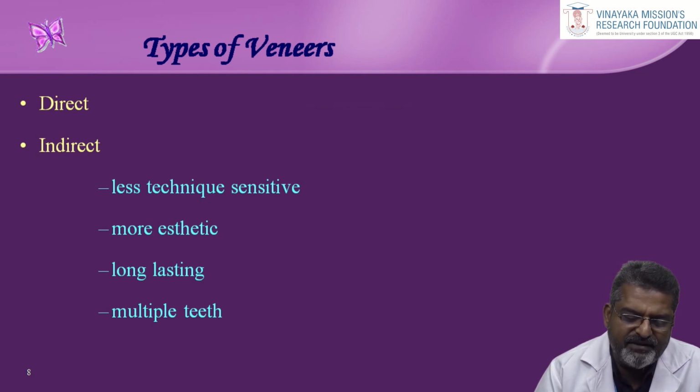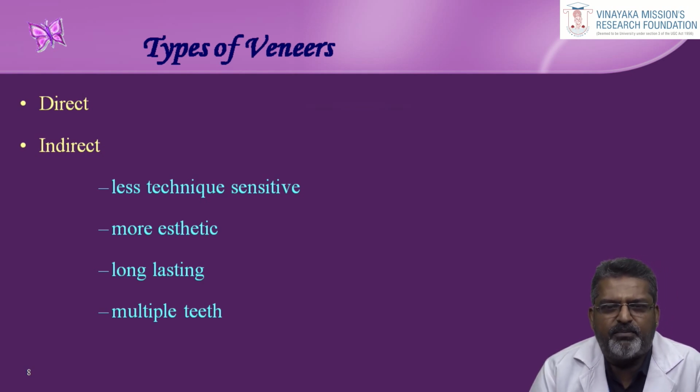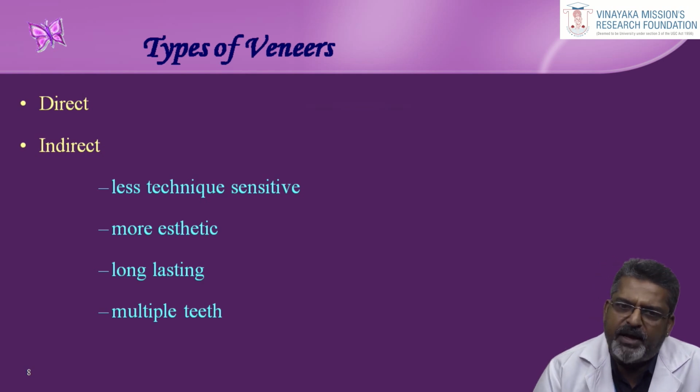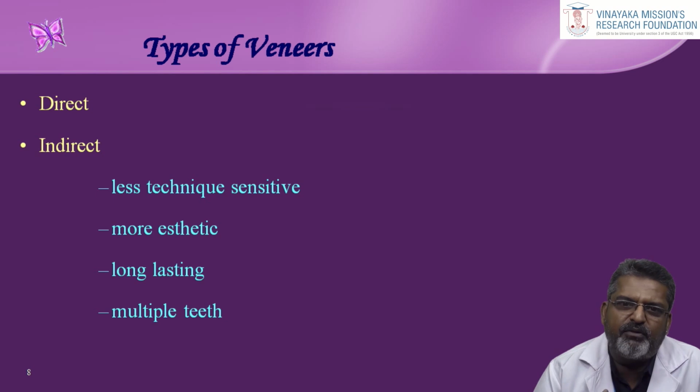Second is more aesthetic. However capable we are of doing direct veneering, there is always a human error involved in the process. It can be a minor error, but when compared to indirect veneering, even this minor error can be corrected. So the aesthetic result is going to be much better.